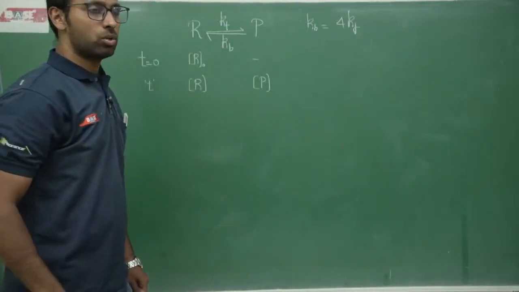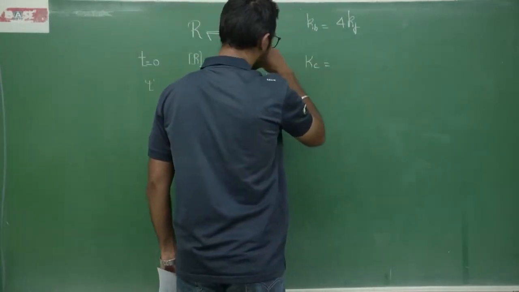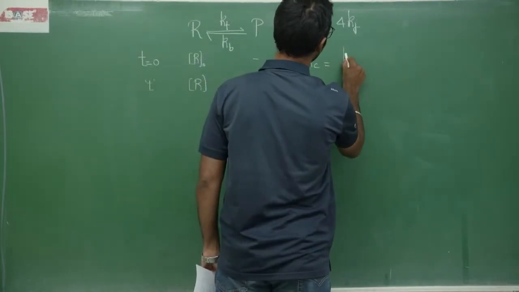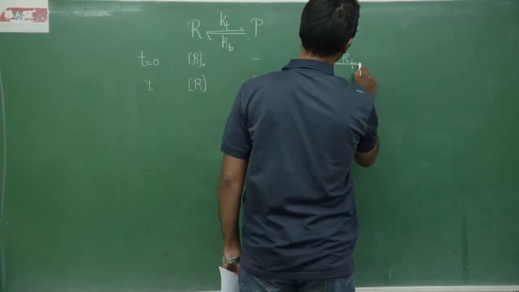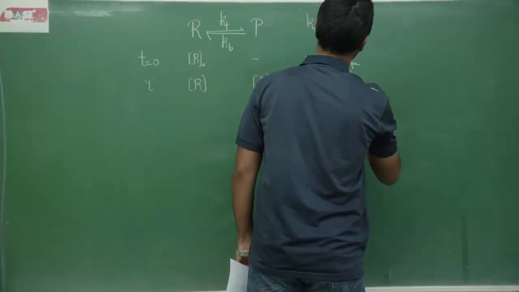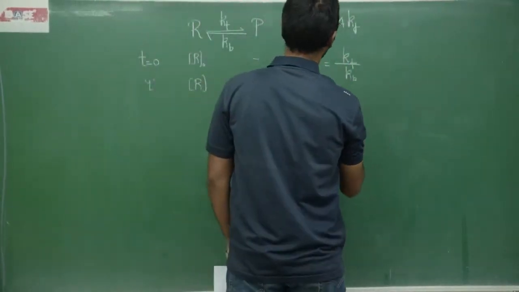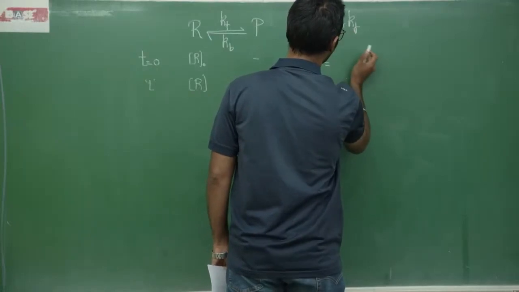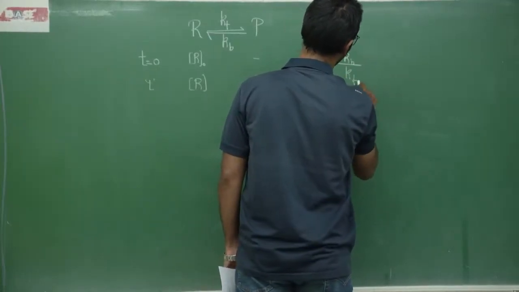And then you also know that Kc, which is your equilibrium constant, is equal to the rate constant of forward reaction by the rate constant of backward reaction. All right. Now, sorry, it's the other way around. The rate constant of backward reaction by the rate constant of forward reaction.